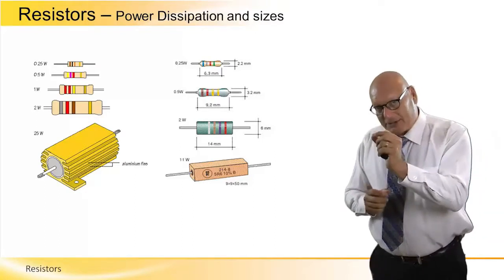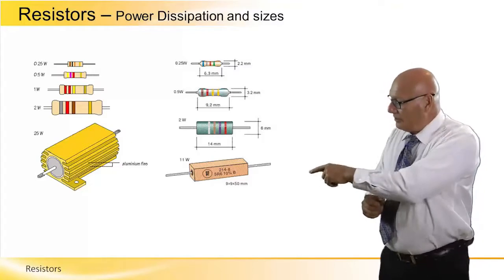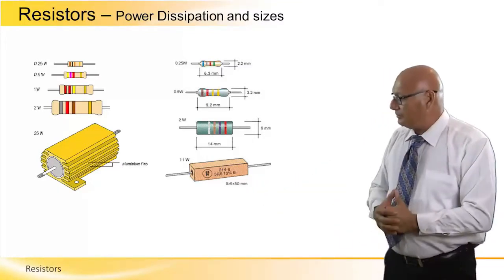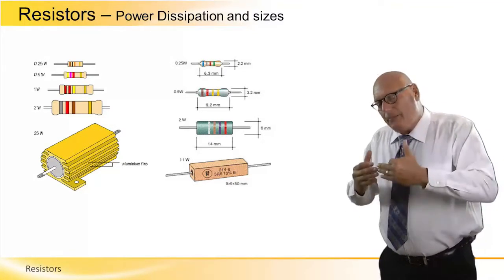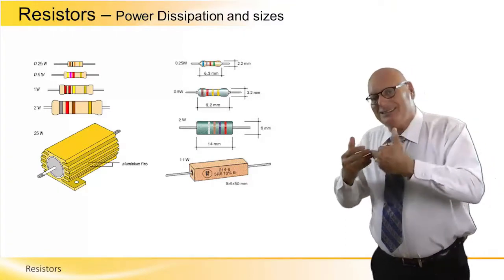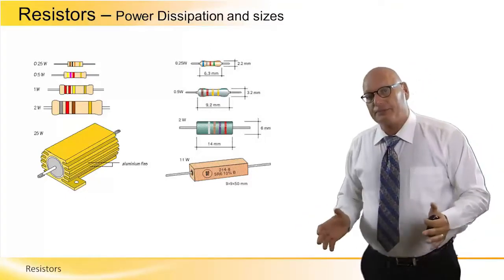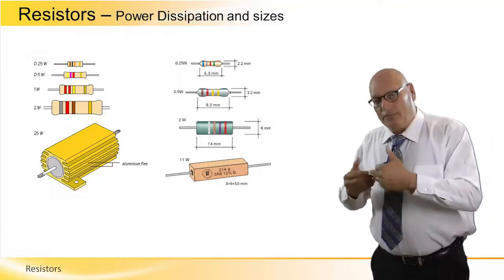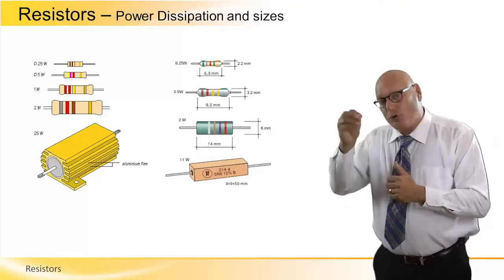These values, 0.5 watts or 1 watt, or even in the metallic aluminum resistor on the lower left corner, 25 watts, are the maximum rated power to be dissipated before the resistor gets burned down. It's the maximum allowed power to be dissipated, which basically means the maximum value of I squared times R.